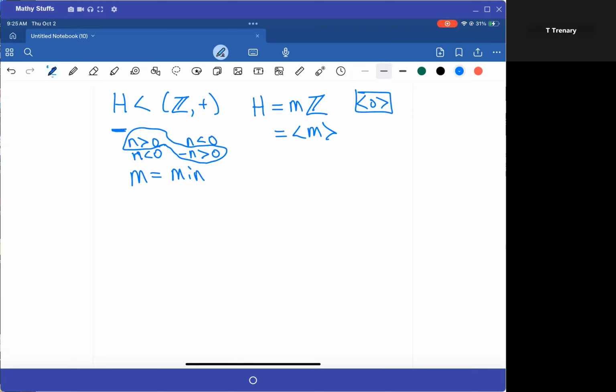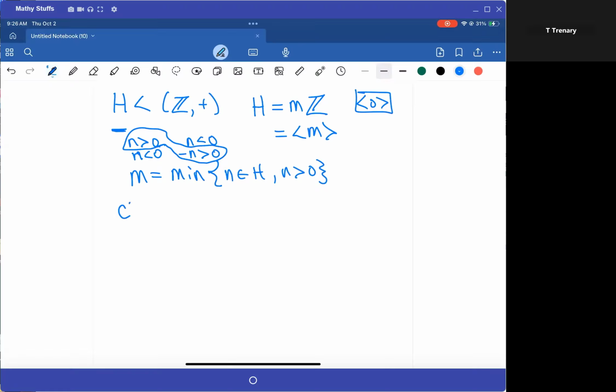So I guess we just handled it. Now we're going to assume there's something besides zero in H. And that means there must be something positive in there because inverses are always included. So we're going to let this M equal the minimum of all the positive elements that are inside H, all the positive integers in there.